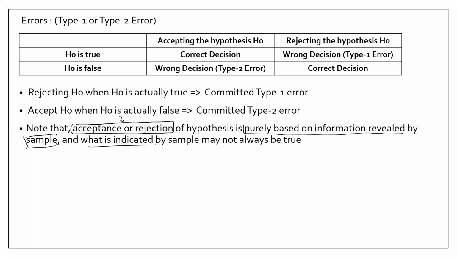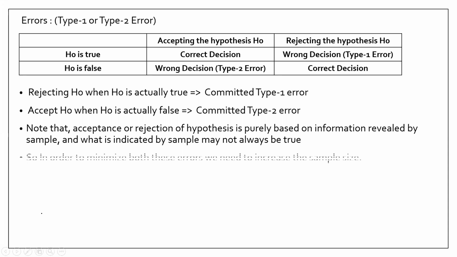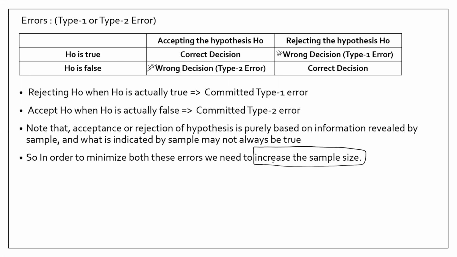And what is indicated by the sample may not always hold true; we will see that in the statistical test. If you want to minimize the type 1 error or type 2 error, we just have to increase the sample size. If you take a large sample size, the margin of committing type 1 and type 2 error also minimizes comprehensively.